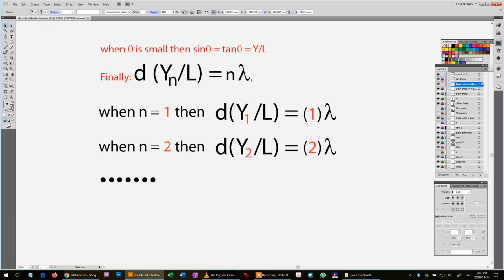So it's doubled. We double the distance and we double n here, so they will just disappear. So basically, the equation, if n is equal 1, is just d times the first distance between the origin of the laser and the first neighbor, divided by L, and it's equal to lambda.